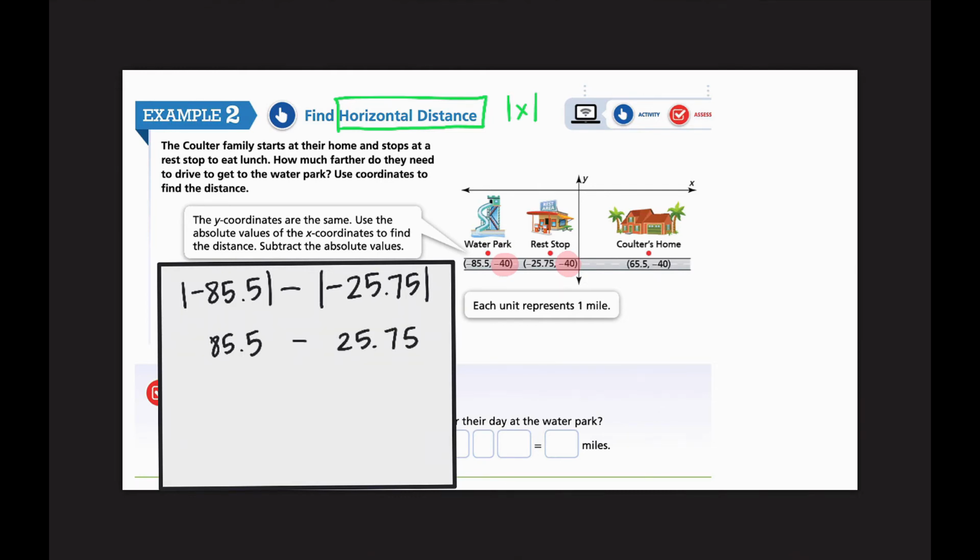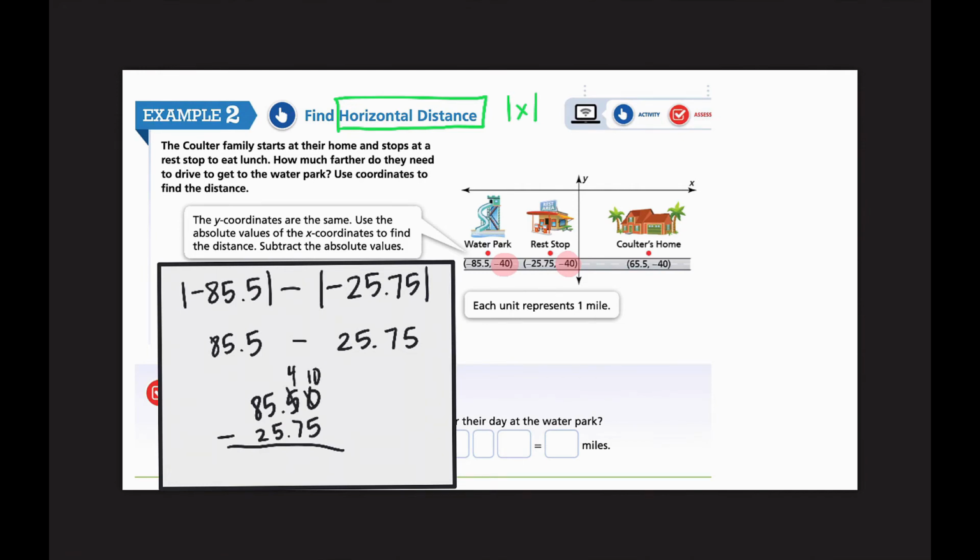Okay, and then we'll just go ahead and do some math here real quick. 85.5 minus 25.75, writing the problem down here. I notice I have a blank spot, so I'll put a 0 there, and we'll just go ahead and do some subtraction.